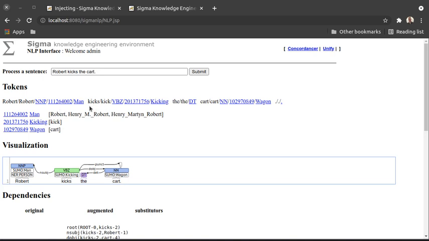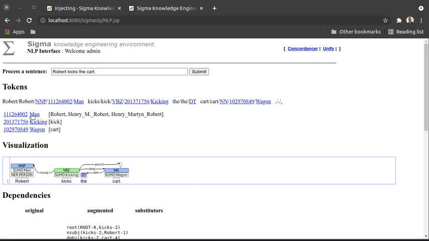Similarly, the next word, kicks, has a lemma or root form of kick. It's a verb, it has a particular WordNet synset number, and it maps to the SUMO term of Kicking. "The" is a determiner, and cart is mapped to the SUMO concept of Wagon, and it's a noun, and then we have a period.